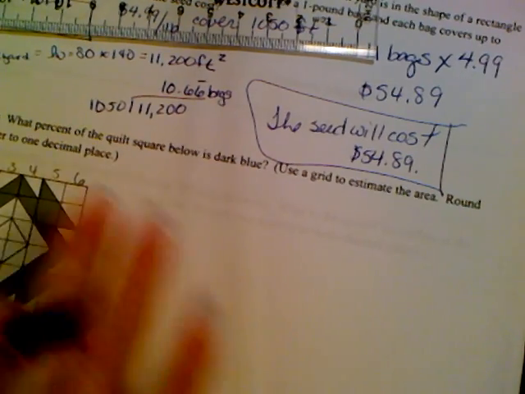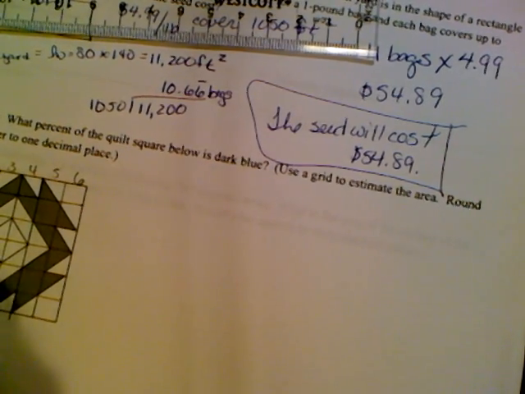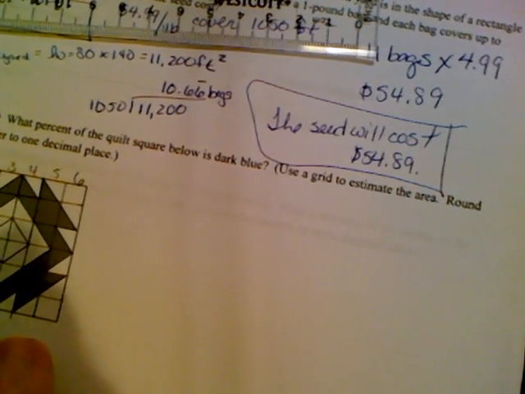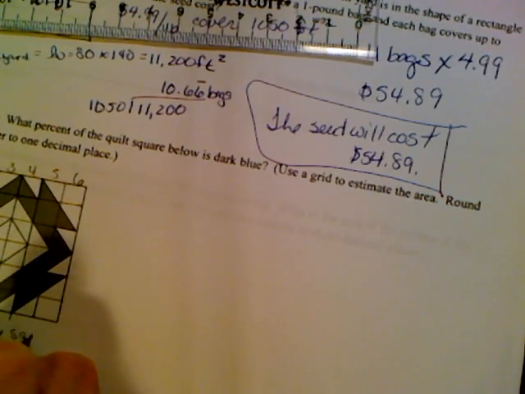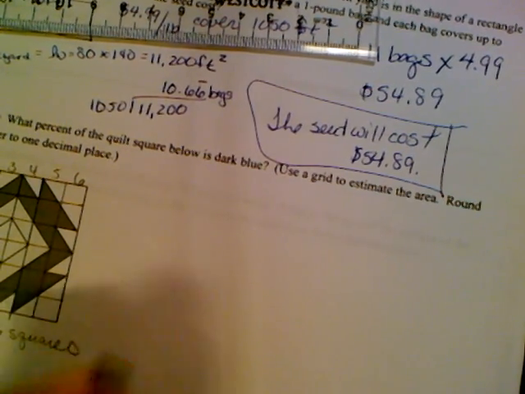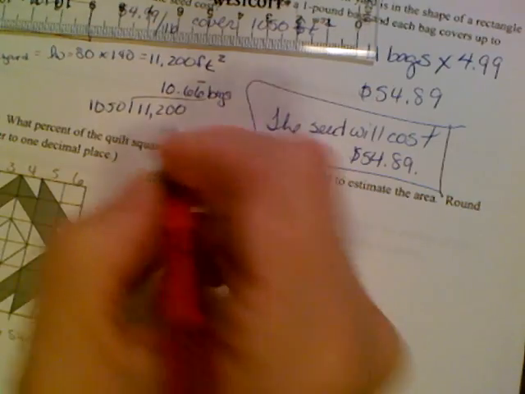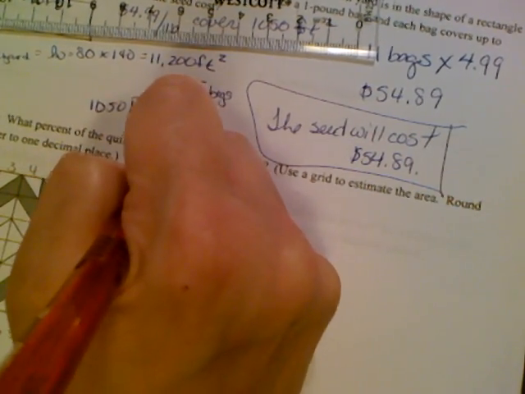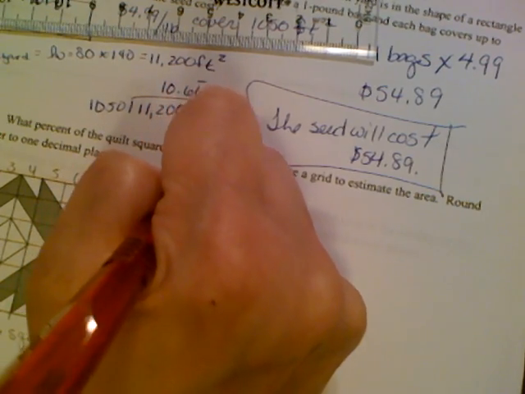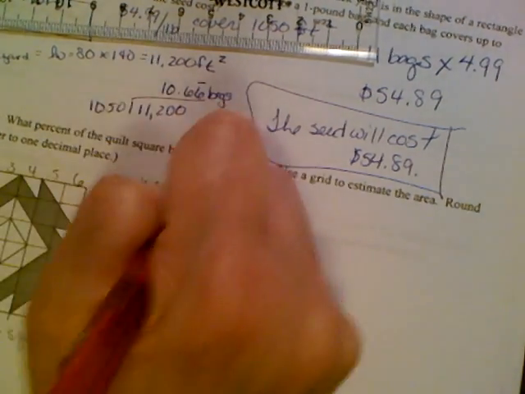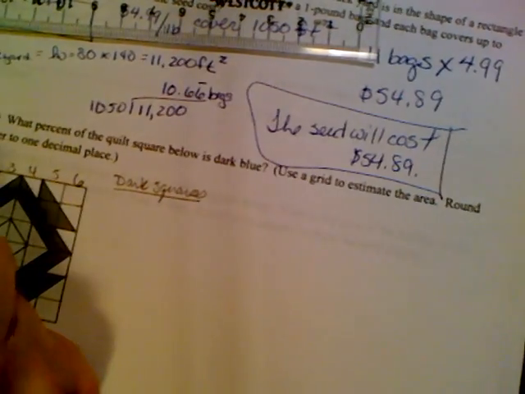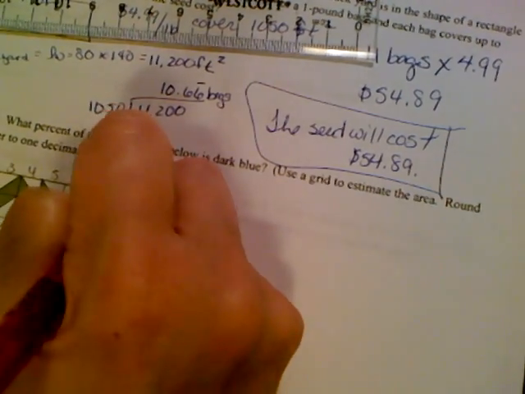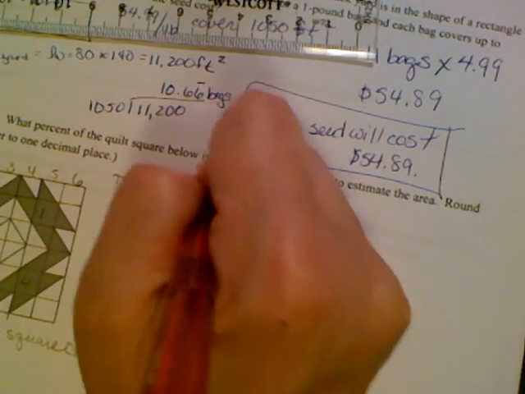So this is a total of 36 squares, right? Now I'm going to count how many dark squares. I have 1, 2, 3, 4. So I have 4 that are dark squares.